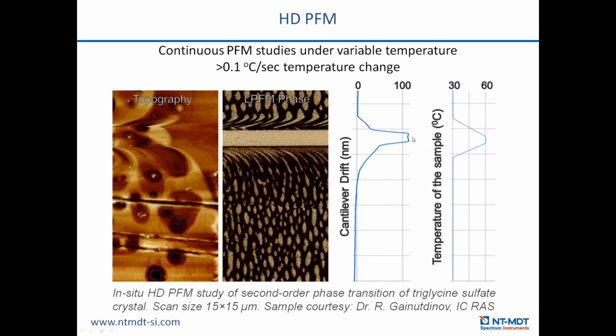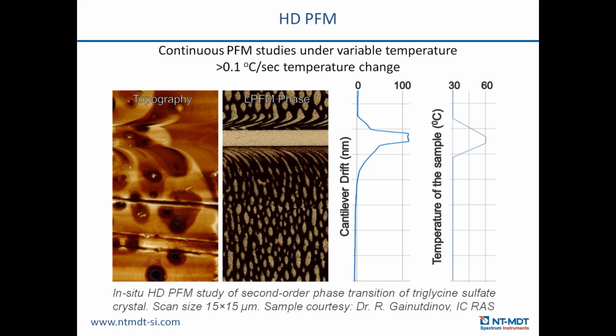And we were capturing the bending of the tip at the same time. You see that when we heat up by 30 degrees, the tip bends up to 100 nanometers, which means that with a force constant of 0.5 to 0.9 newton per meter, we're getting 50 nanonewtons of parasitic bending, which is actually not acceptable. The tip will either detach, like it would be in this case, or start to scratch the sample.